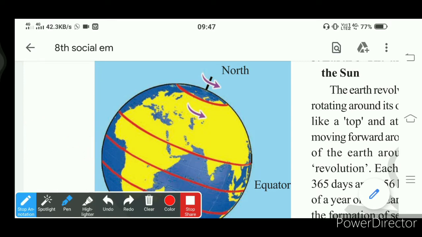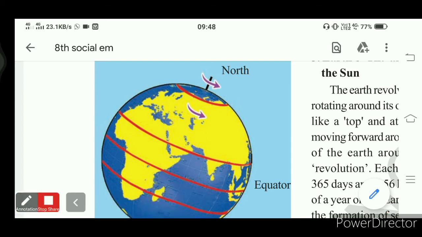So that is the thing. Moving from lower latitudes to higher latitudes, there will be a difference in the solar radiation, sorry, solar insolation, a difference in the insolation we will find, understand. So from the equator to the north pole or to the south pole, we see that gradually the insolation received by the earth is less.